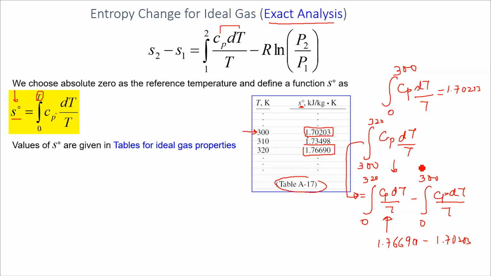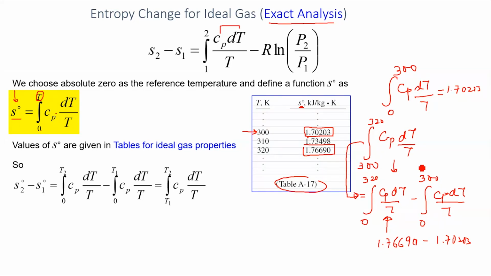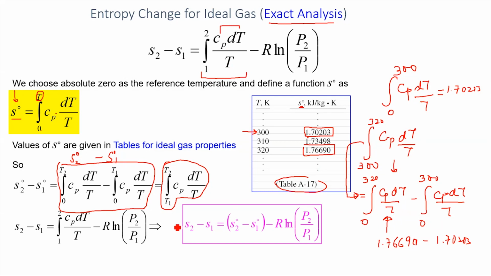This means I can split my T1 to T2 Cp dT over T expression into 0 to T2 and 0 to T1, and that is essentially S naught 2 minus S naught 1. So I can replace this whole expression, and S2 minus S1 is essentially equal to S2 naught minus S1 naught minus R ln P2 over P1. Is this point clear to you?